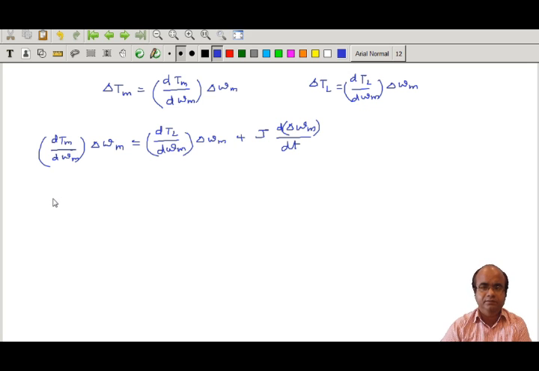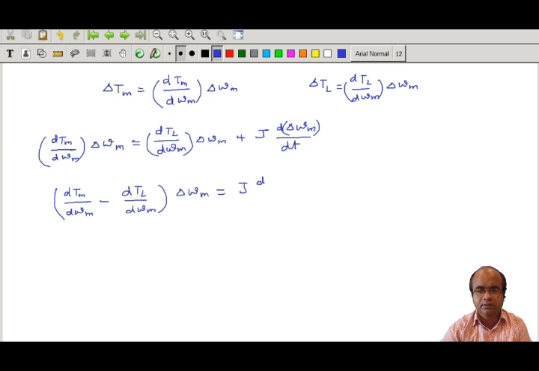Then, dTm by d omega m minus dTL by d omega m, whole multiplied by delta omega m, equals J d delta omega m by dt.